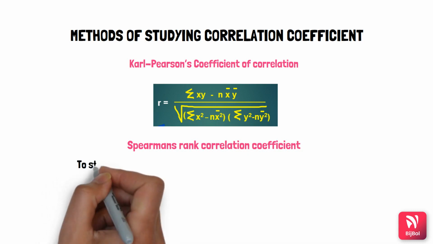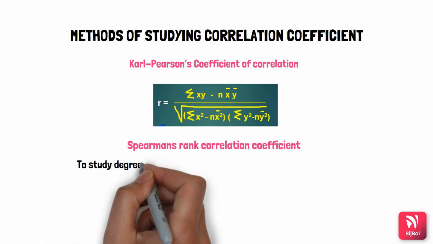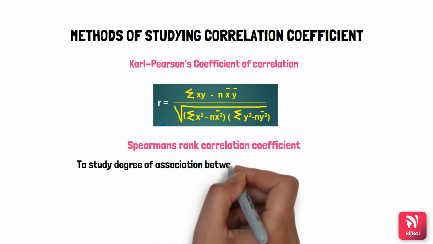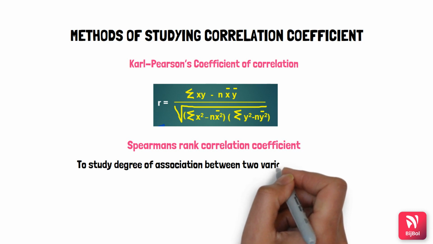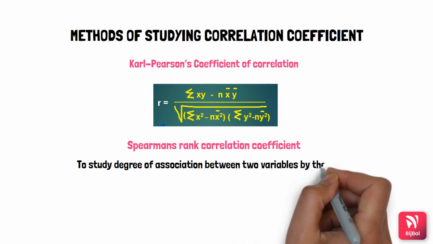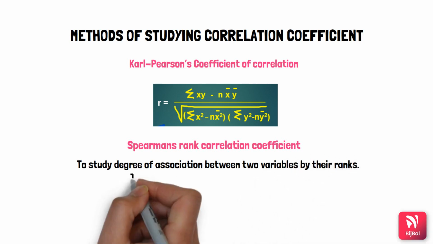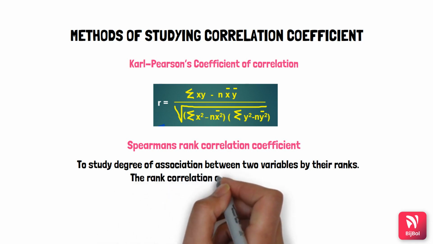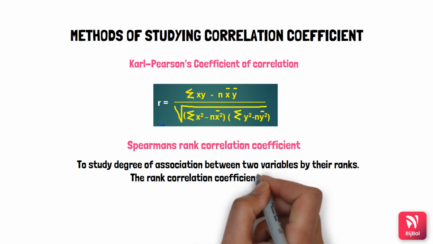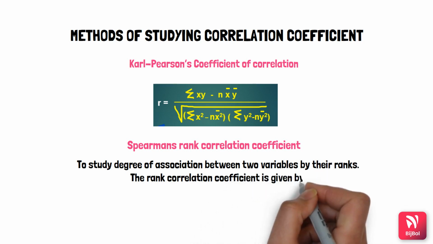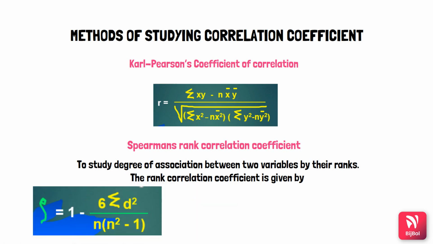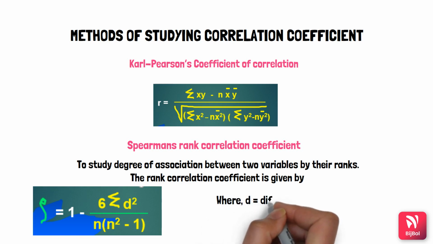The next one is Spearman's rank correlation coefficient. It is used to study the degree of association between two variables by their ranks. The rank correlation coefficient is given by this particular formula, where D means difference in the ranks, N means number of paired individuals, and this also lies between +1 and -1.